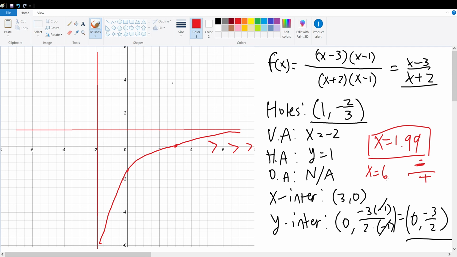That will be a positive quantity. 6 plus 2 will be positive. 6 minus 1 will also be positive. A positive divided by another positive will result in another positive value. Hence, when x is going to positive infinity in the x direction, it will go towards y is equal to 1, our horizontal asymptote.